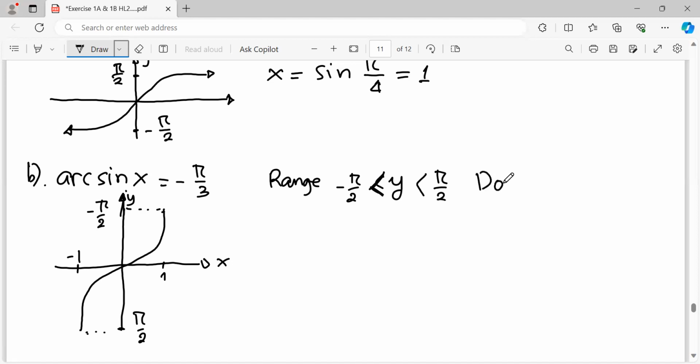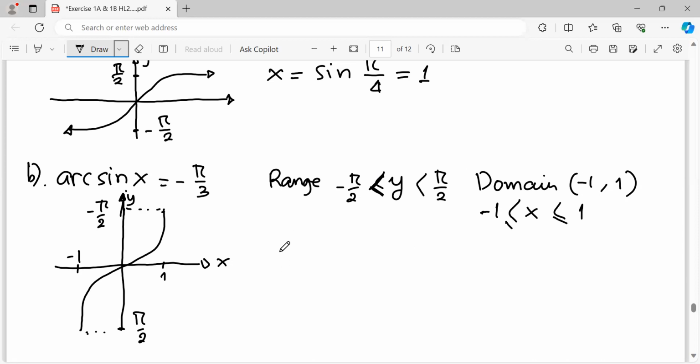Domain minus 1 to 1. Or you may write x greater than minus 1, less than 1.